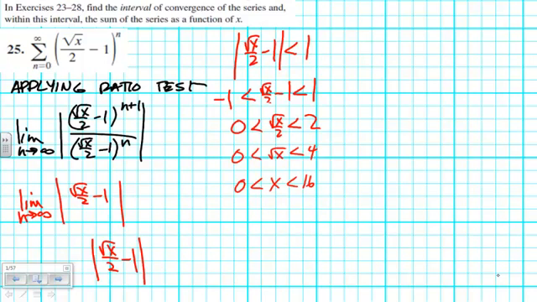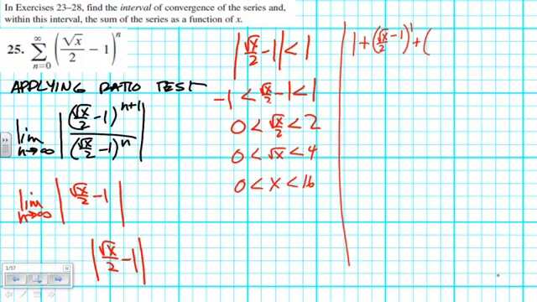There's the first answer. What is the sum of this series? Well, I'm going to do the same trick I did last time. When n is 0, what's the first term? 1. When n is 1, what's the next term? Square root of x over 2 minus 1 to the first power.